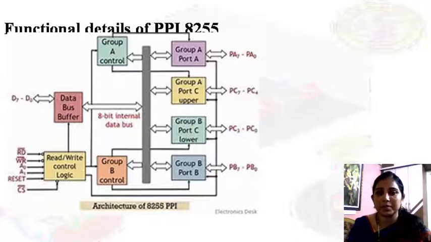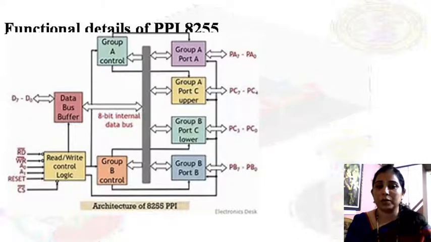Port C upper means bit number 4 to 7 of port C, and bit number 0 to 3 of port C we call port C lower. Group A is connected to port A and port C upper, whereas group B is connected to port B and port C lower.